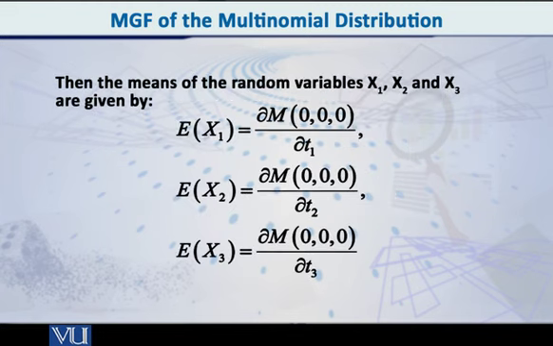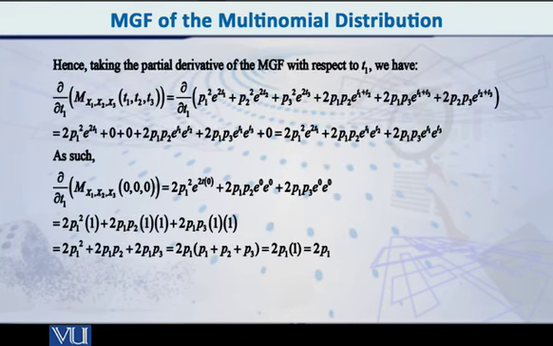Now after this, if you take the partial derivative with respect to t1, that is, we will first do it with respect to t1, after that we can do it with respect to t2 and t3. So with respect to t1, what do we get? We get a simple expression.